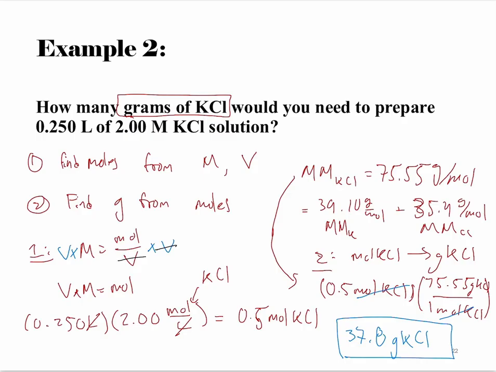I know my target concentration is 2 molar. How much potassium chloride do I need to weigh out? This is the exact same thing as what this question is asking, right? I would need to weigh out 37.8 grams of potassium chloride on a scale, dissolve that in my beaker and fill it up to the top, and that would give me my desired concentration.